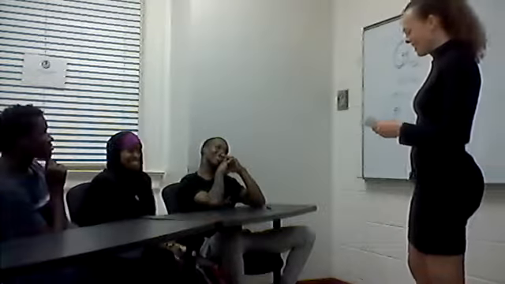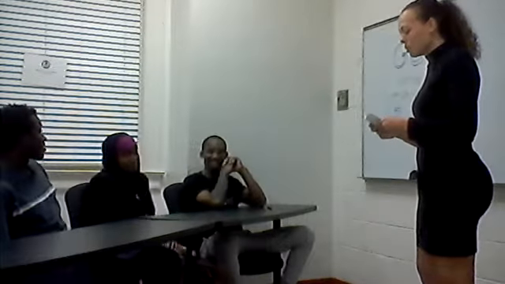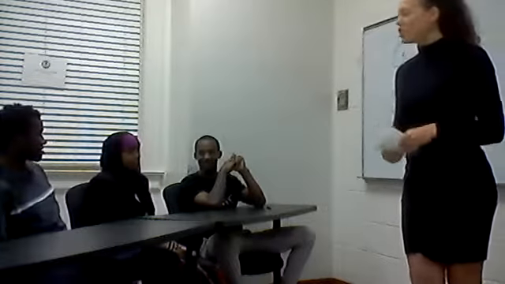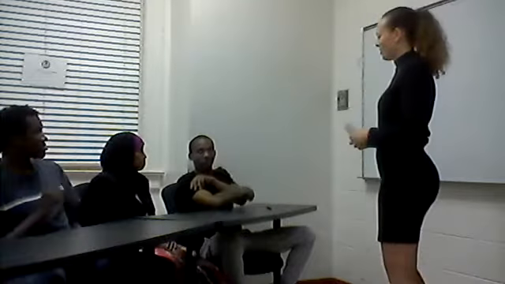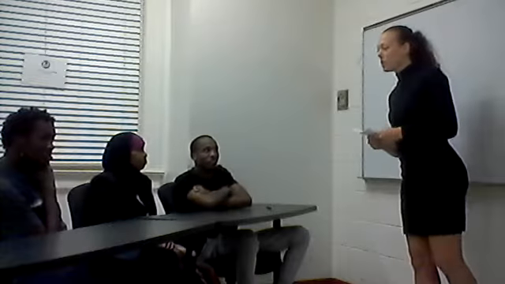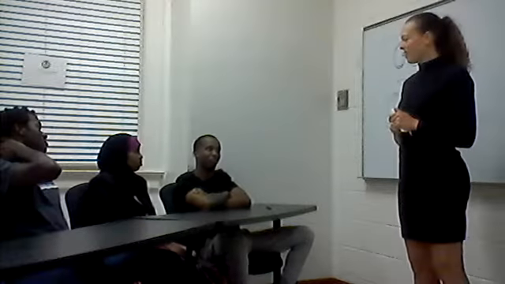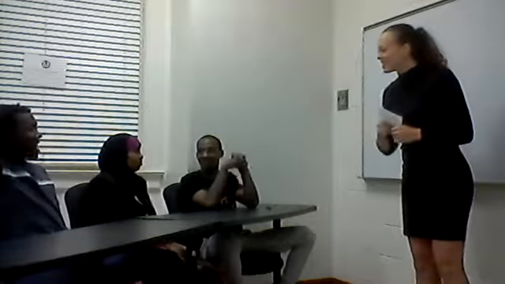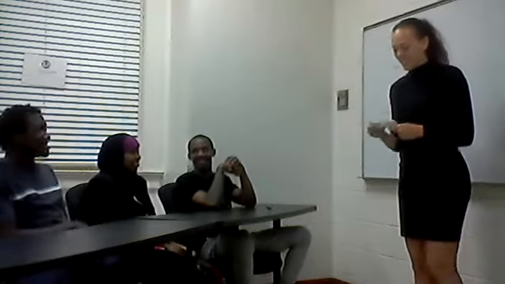Yes, you're right. What other term do people use to describe the geosphere? Can you repeat that? I said, what other term do people use to describe the geosphere? Yes, I think it's lithosphere. Yes, you're right.